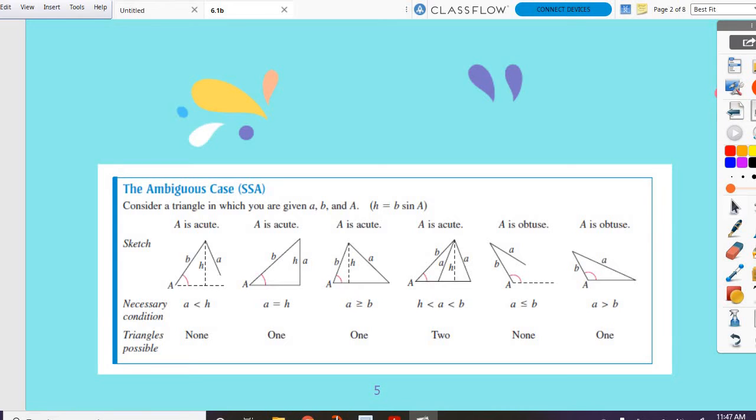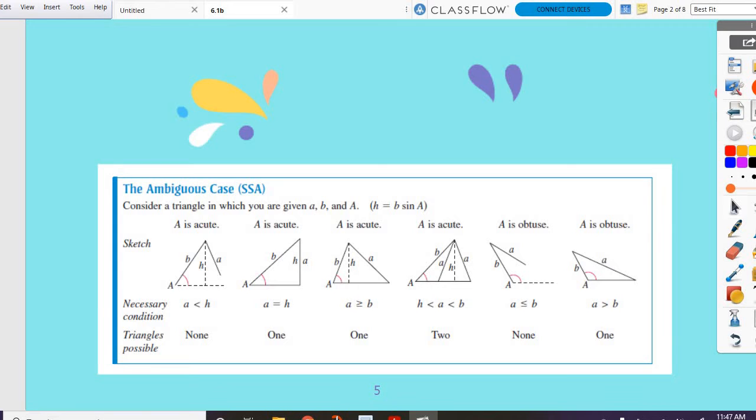The same thing over here. If our A is smaller than our B and we have an obtuse angle, we're also not going to be able to create a triangle because it's going to be too small. Then the last example that we talked about is if that second side is equal to our height, we'll only have one triangle.